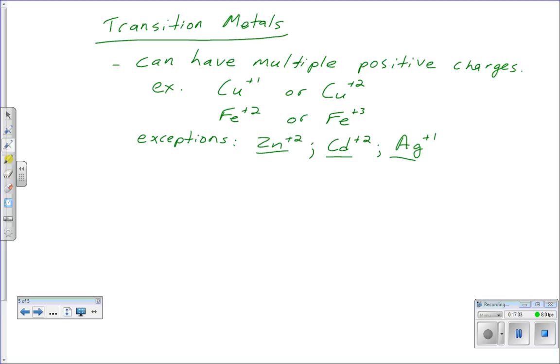But with all of the other transition elements, if they are not in groups 1 or 2, or aluminum, I guess we'll throw aluminum into that exceptions list. Aluminum's always +3.